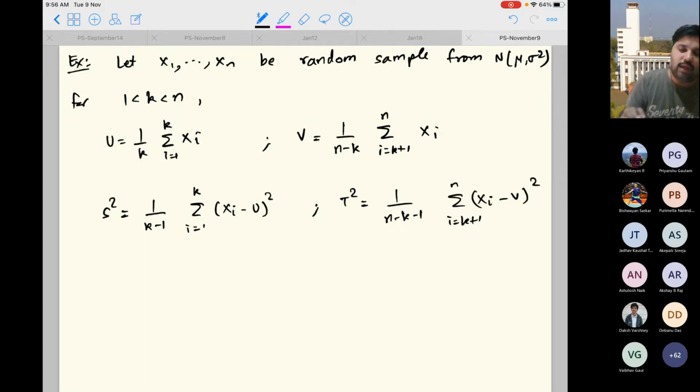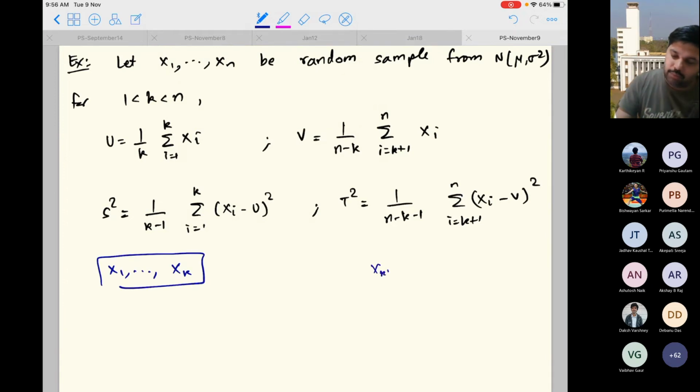Do you understand what I have done here? What are these U, V, S square, T square? We have split the given random sample into two groups: x1 up to xk is one group, and xk plus 1 up to xn is the second group.